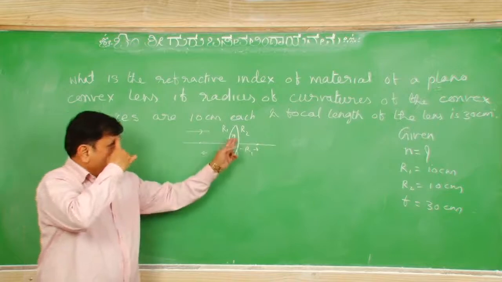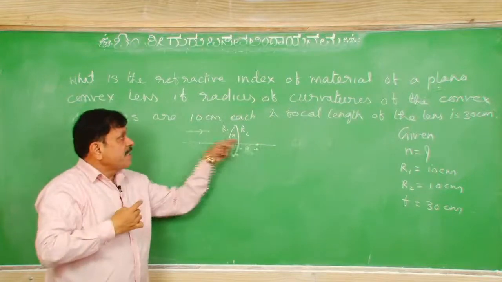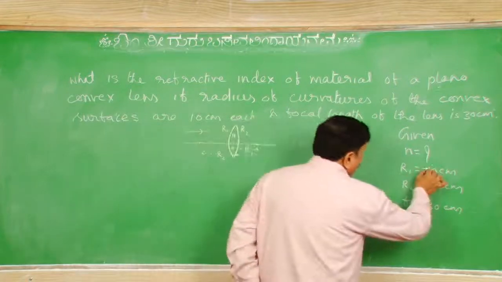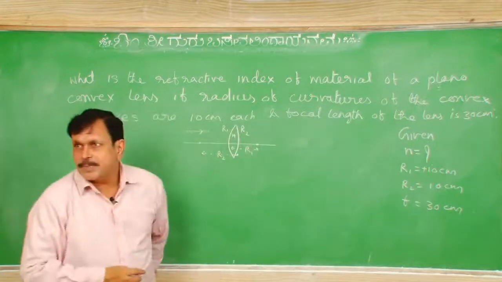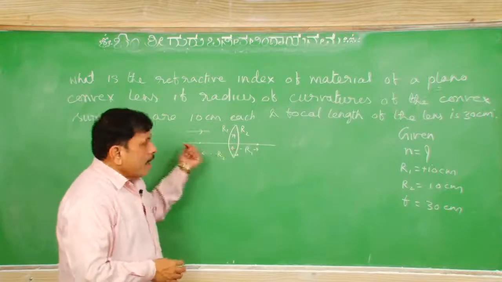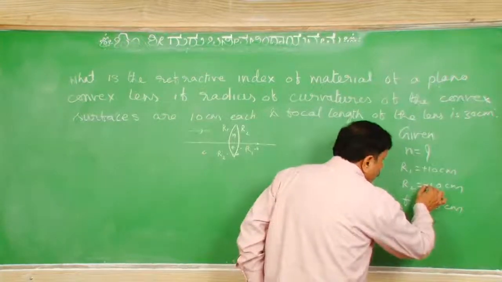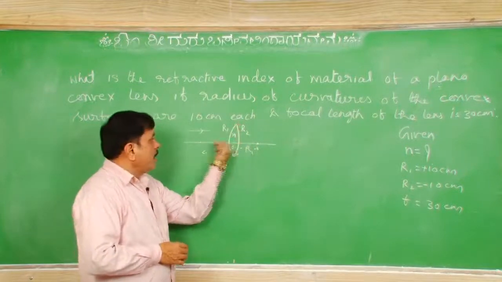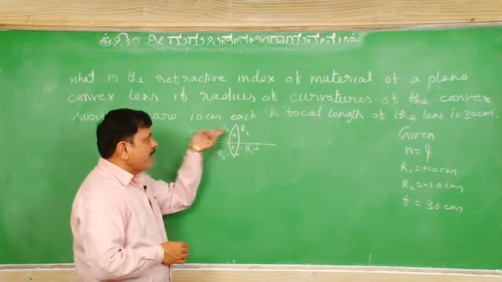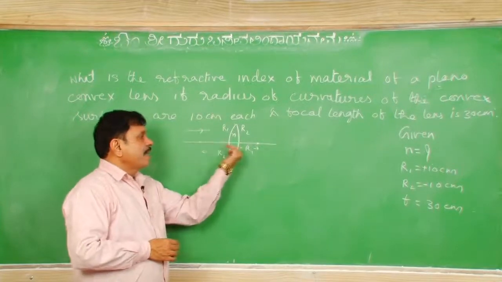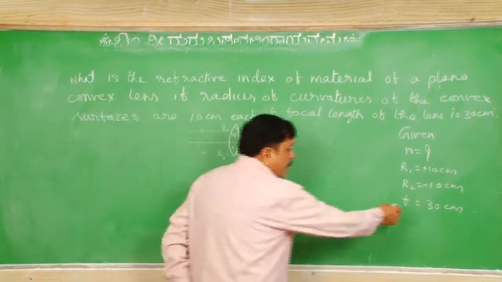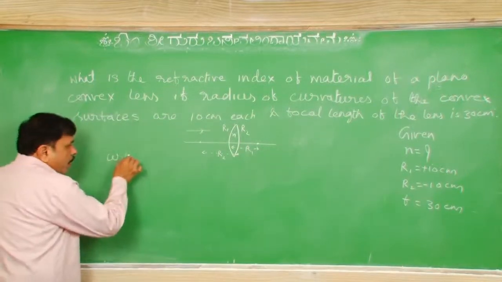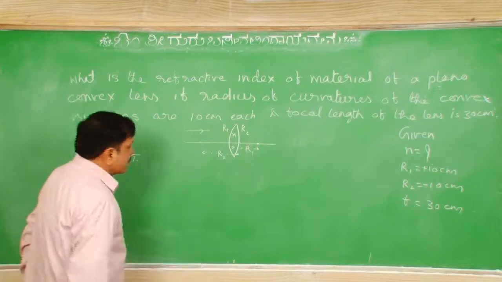Here, the distance and direction of the incident ray are the same, so we take R1 as plus 10, and on the opposite side we take minus, because the surface is like this and the ray is traveling like this, we have to measure the distance in this manner. So we get F equal to 30 centimeter, and R2 is minus 10 centimeter.